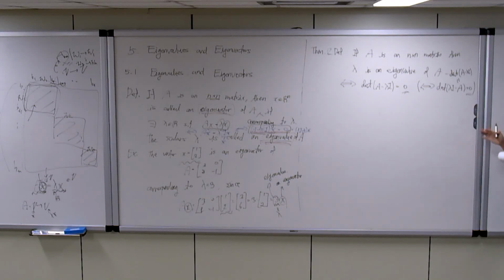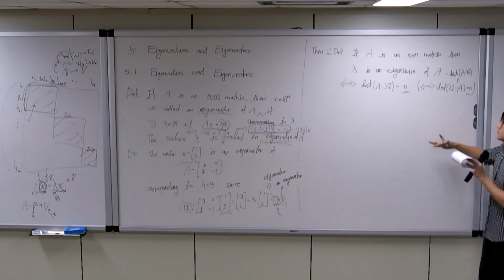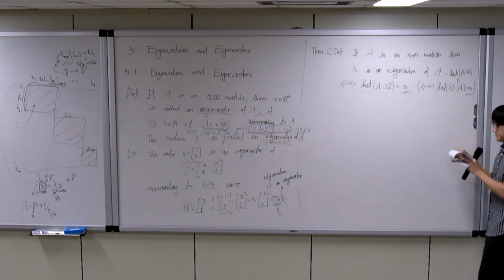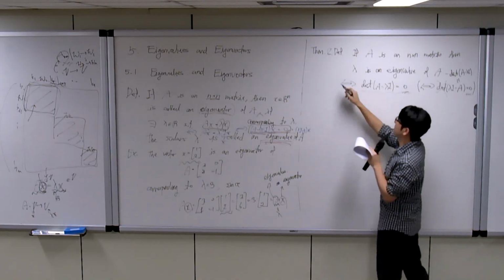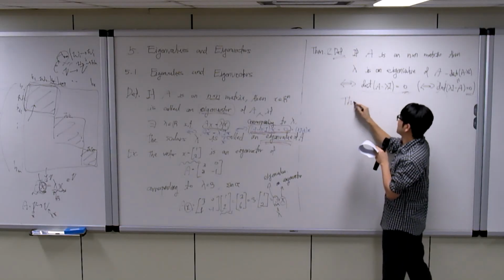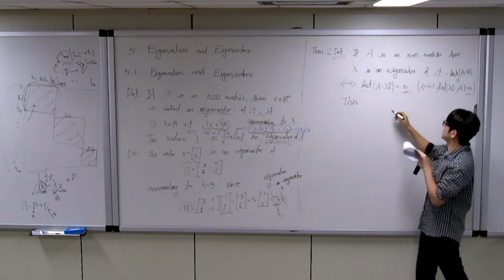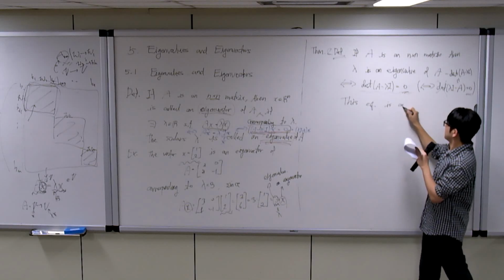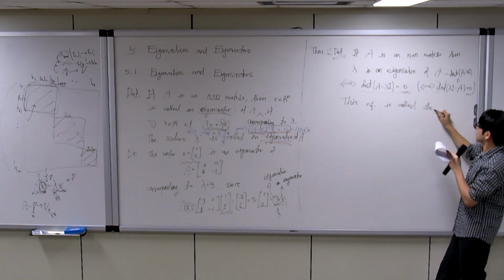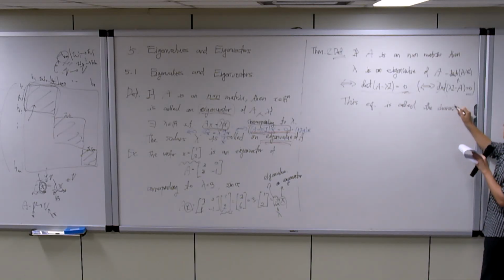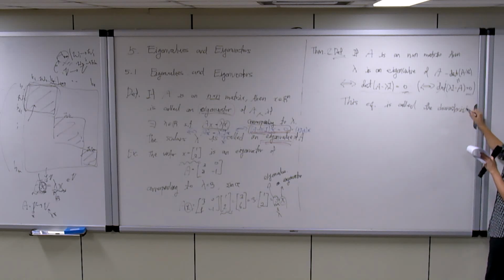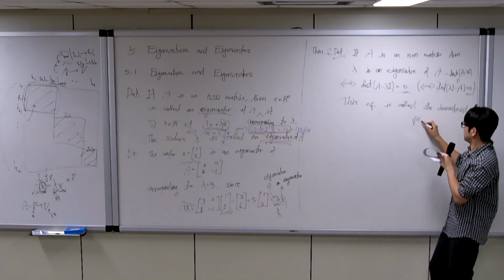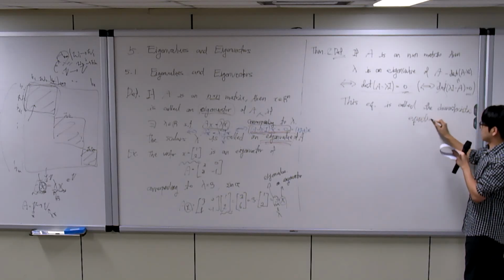So after this class we will use only this equation like this. And it is the definition. This equation is called the characteristic equation of A.